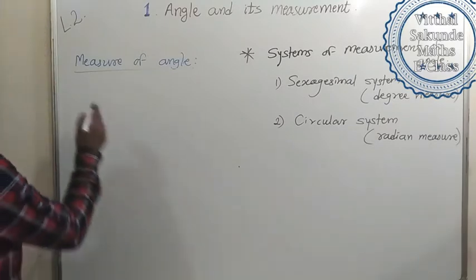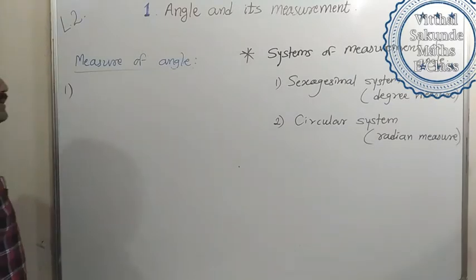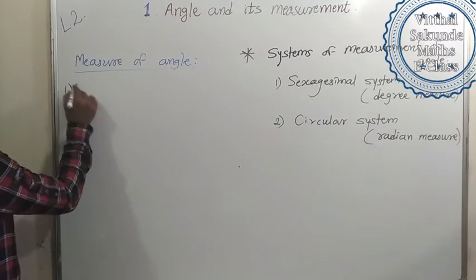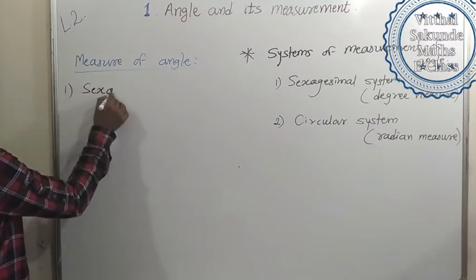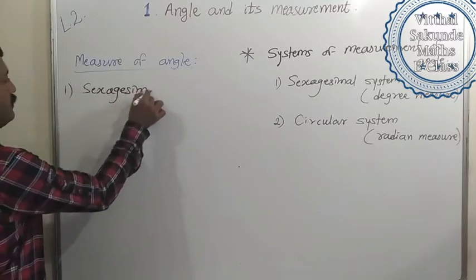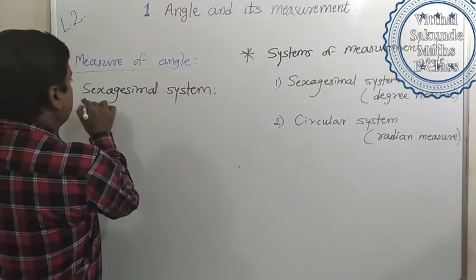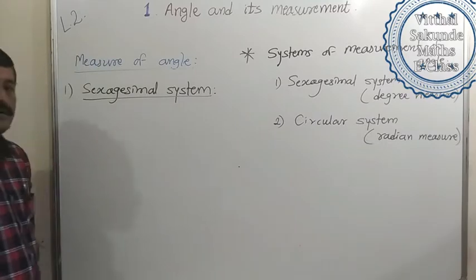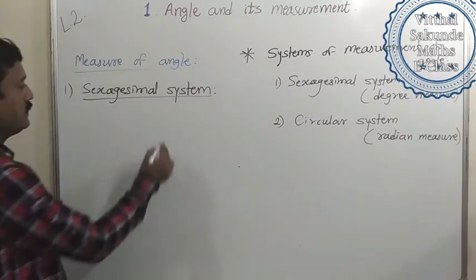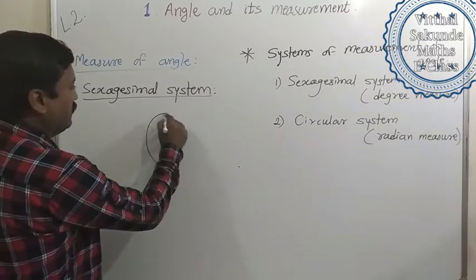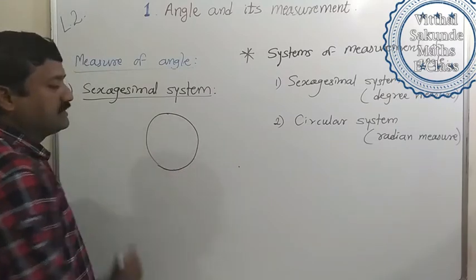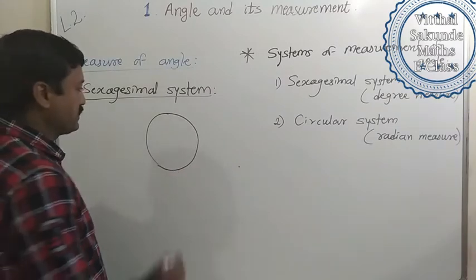In the sexagesimal system, first the degree measure. In this system, the total circle is divided into 360 equal parts.